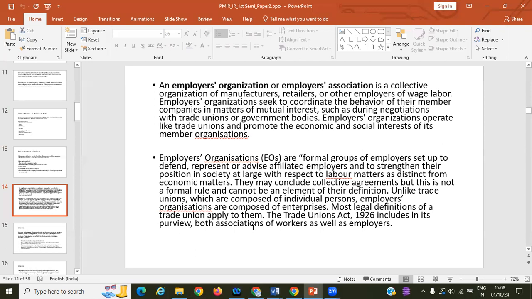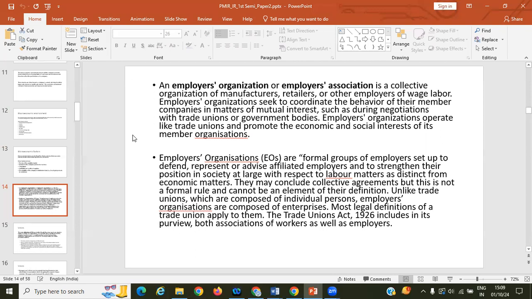For example, some trade unions are for postal employees, for bank employees, for railway employees. We also studied the recognition of trade unions and collective bargaining. Collective bargaining is a different chapter, and we'll study more on that.